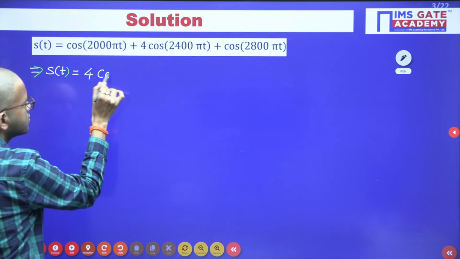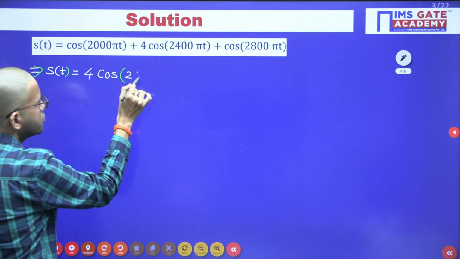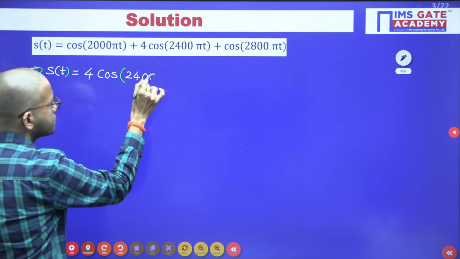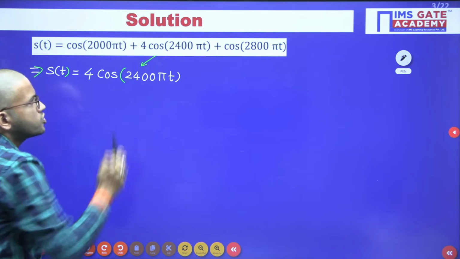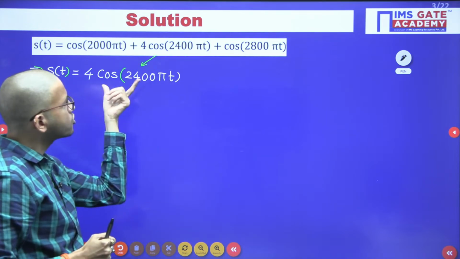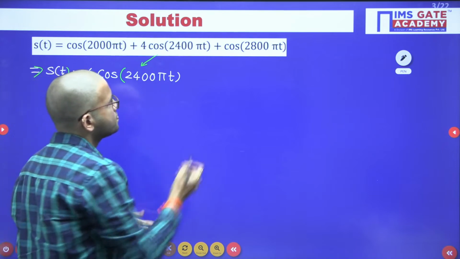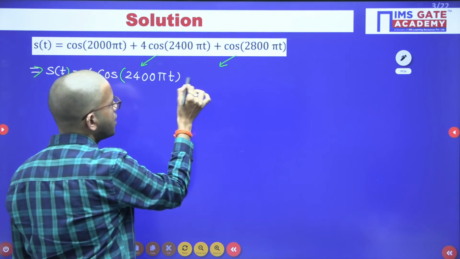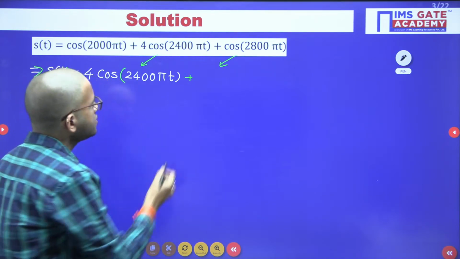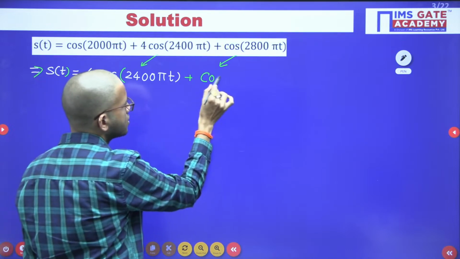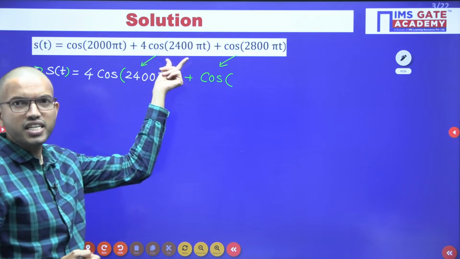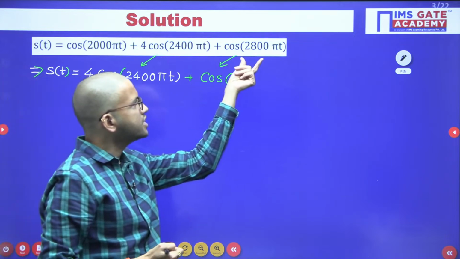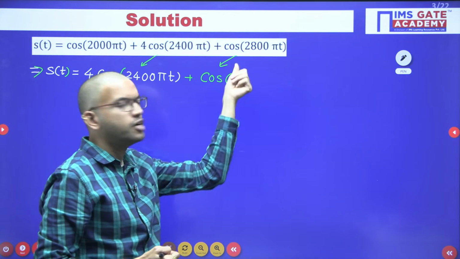So I am copying this term as it is: 4 cos 2400 pi t. The middle term I have copied as it is. Now the last term I am modifying like this: cos. Just observe, here you have 2400 pi t, and compared to that, this term has 400 pi t extra.